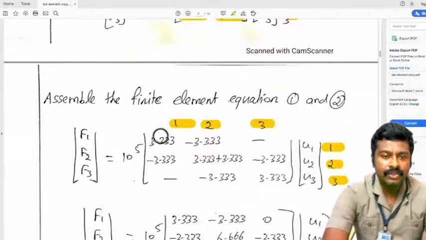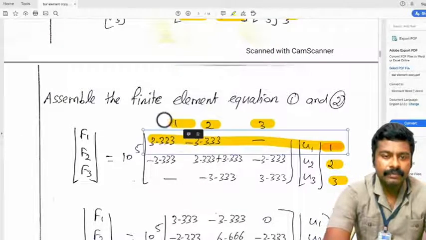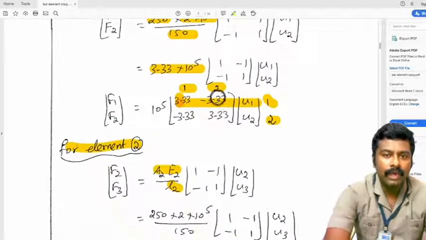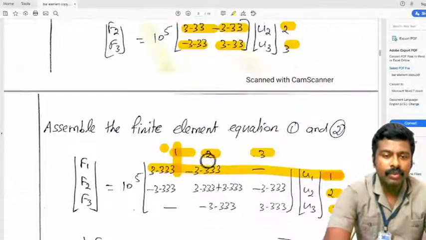Therefore here we substitute the values 3.33 for k11, and for k21 equal to minus 3.33. Therefore k21 equal to minus 3.33.